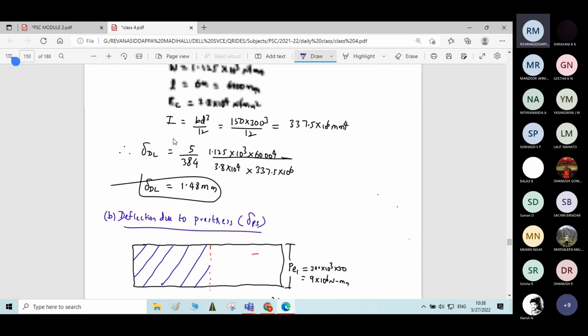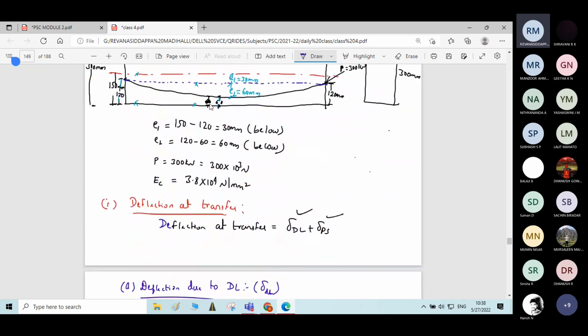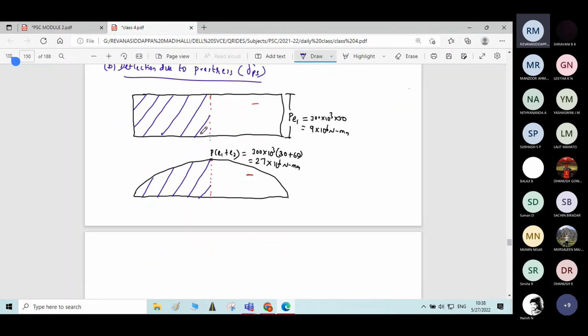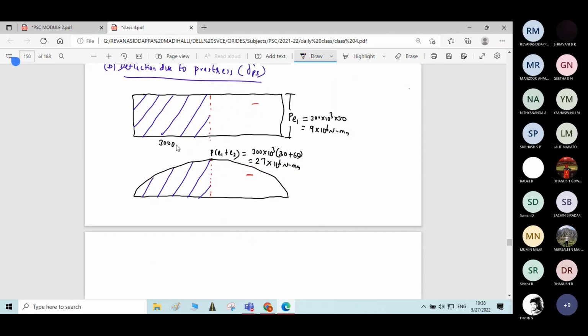Total length of the beam is 6 meter. 6 by 2. Length is given as 6 meter. Okay. 6 by 2 is 3 meter, means this becomes 3000 mm length. Here also 3000 mm.